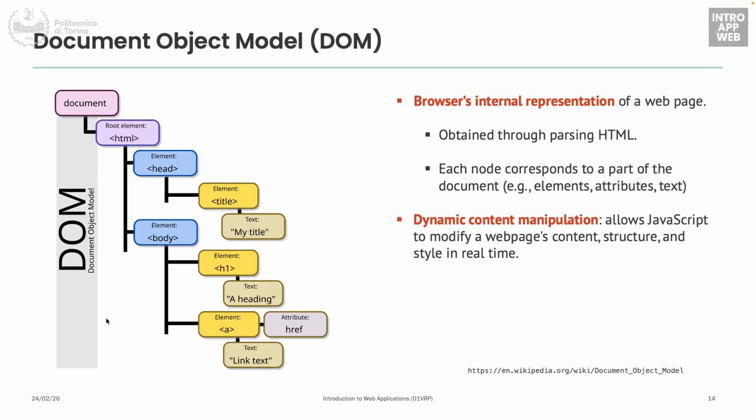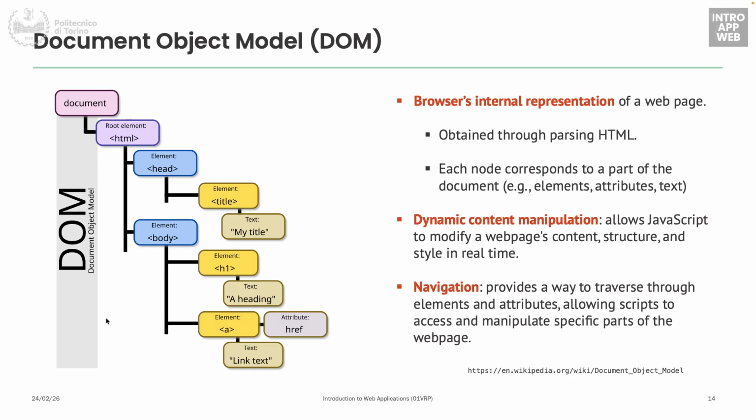So to add those elements dynamically and know where to add elements within the HTML structure, it is super useful to have this kind of representation that you can easily navigate to find where in the document you want to add something, what to add, and specifically in what portions of the document. Okay, and in the navigation it provides a way to go through all of the elements and the attributes.